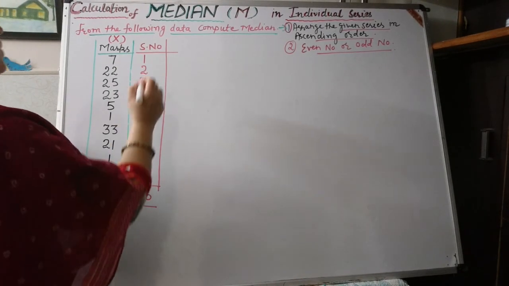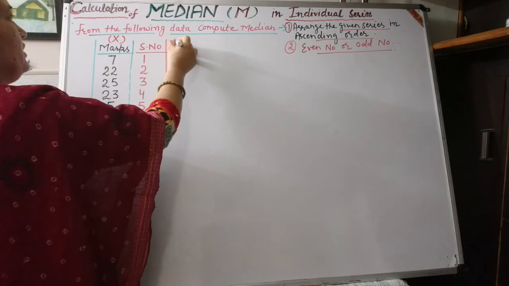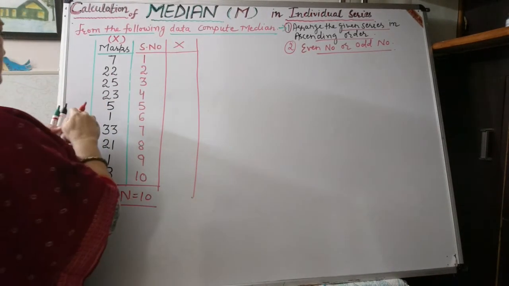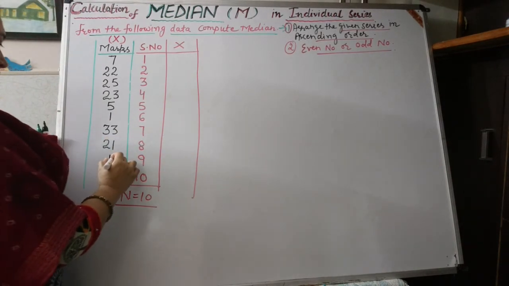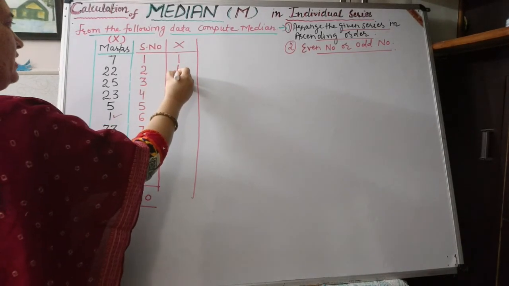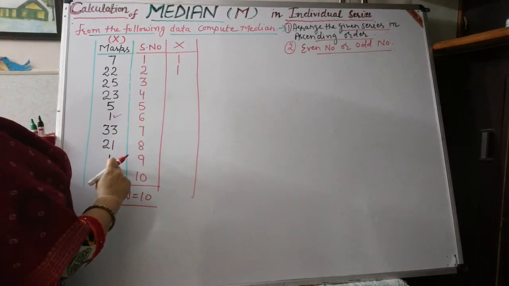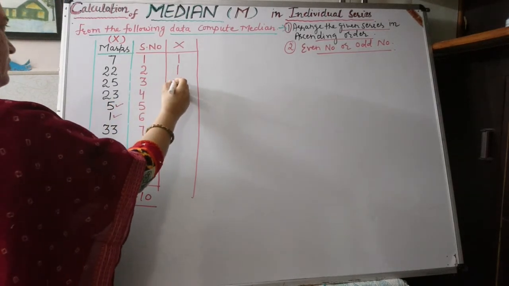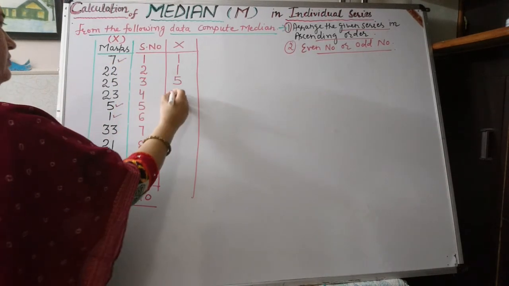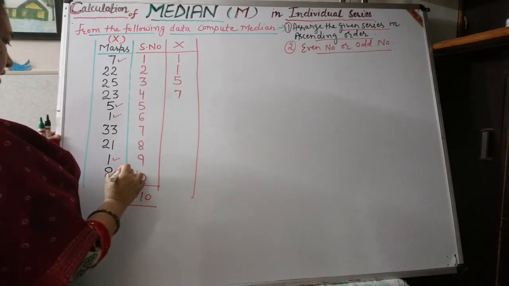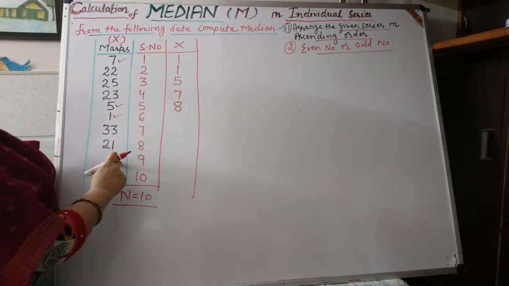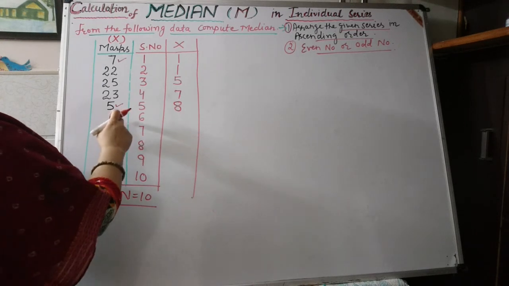And next we have to convert this given series into ascending order. Ascending order means first of all 1, I am writing down 1 here. Again 1. Then 5, 5. After that 7, then 8. So we have completed the one-digit values.